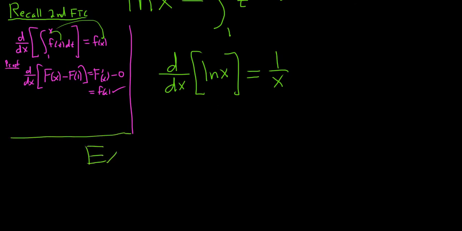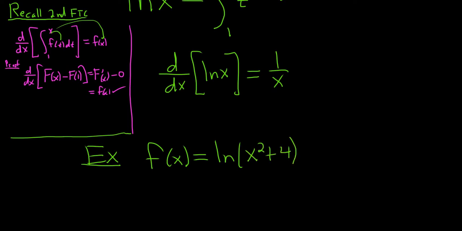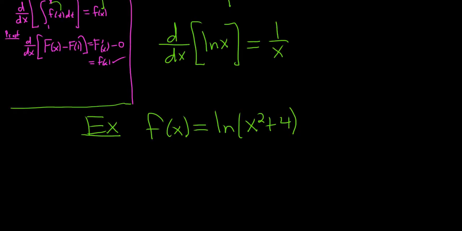So let's say we have, I don't know, f of x equals ln of x squared plus 4. Just a simple example. And we're going to compute the derivative of this. If it was just ln x, it would be 1 over x. But here it's ln of x squared plus 4. So we use the chain rule.